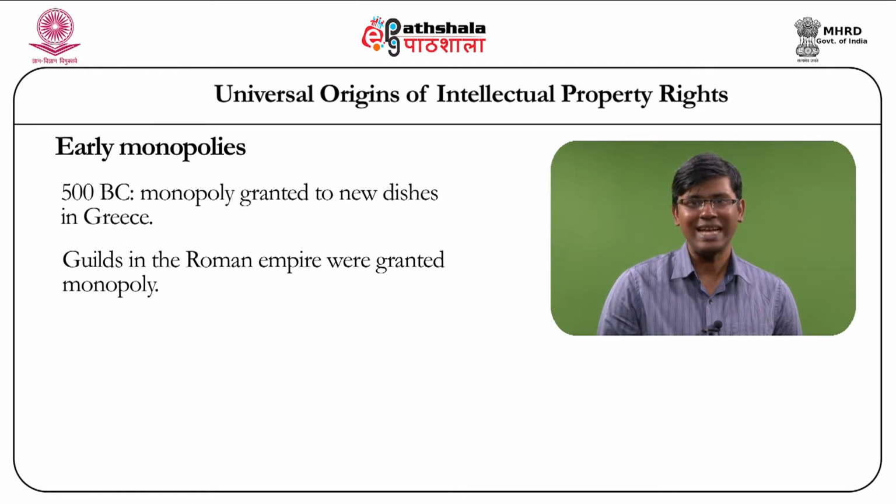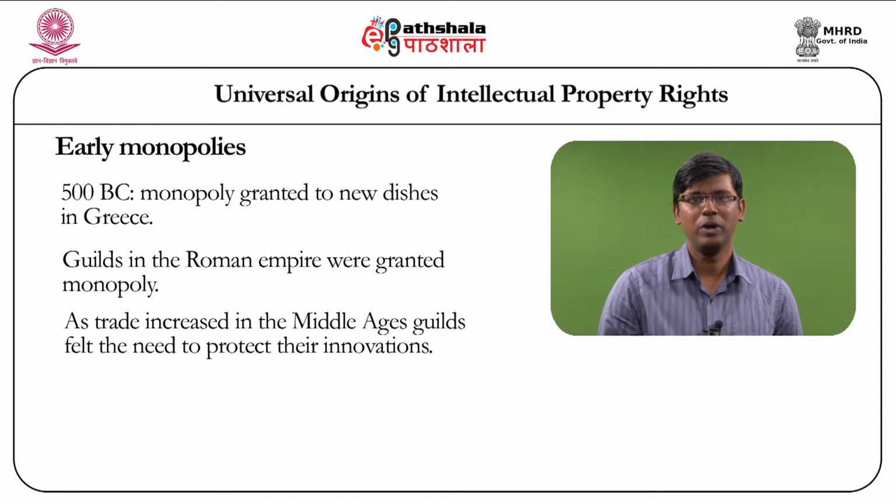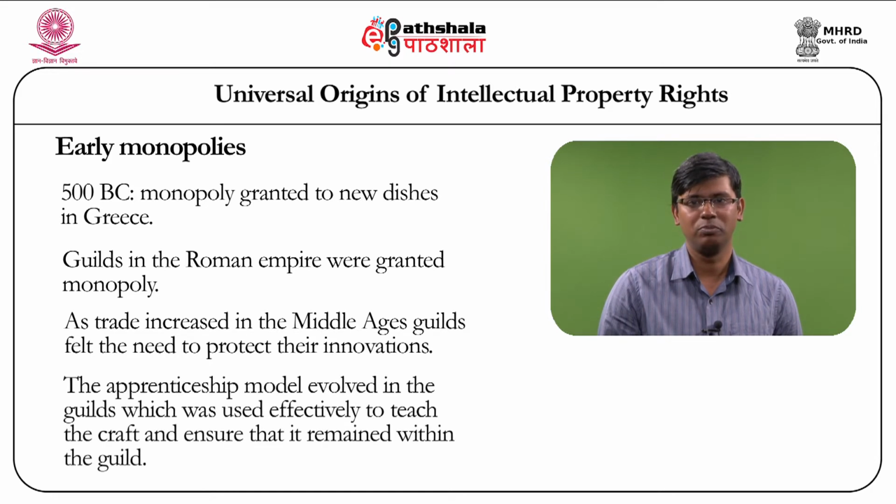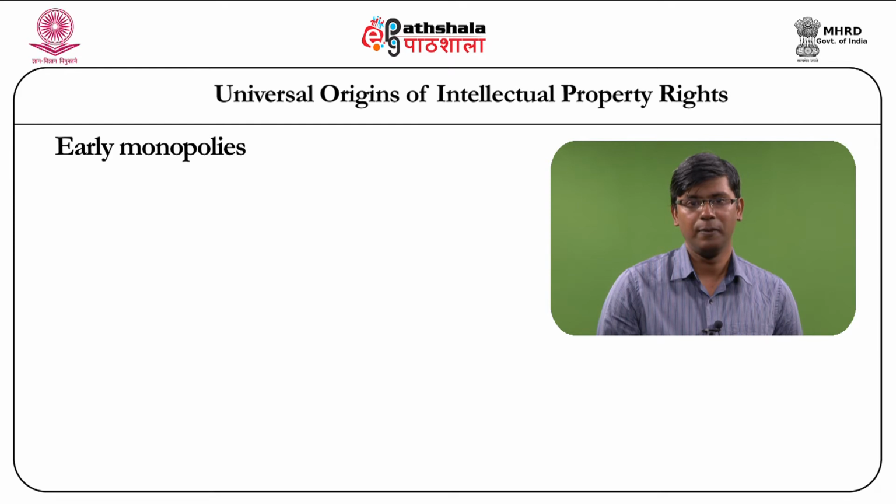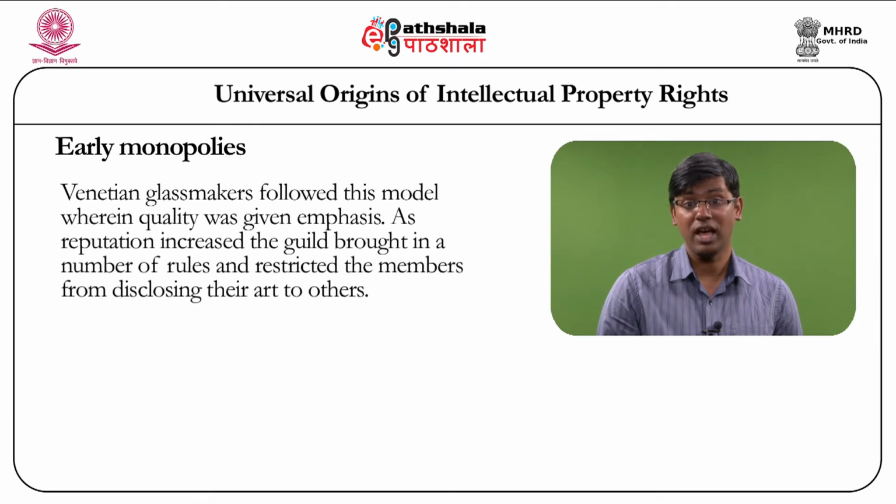Subsequently, as the guilds started to grow and trade started to increase, you had an apprenticeship model where the guilds would recruit someone and teach them about a particular craft, provided that the person who is trained remains within the guild. You had the Venetian glass makers who followed this model and were largely able to come up with quality products.